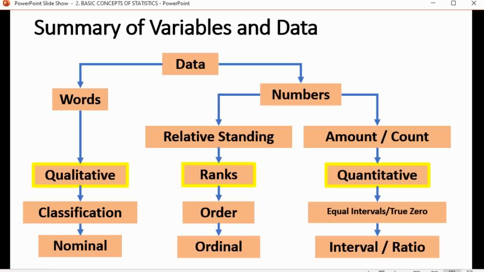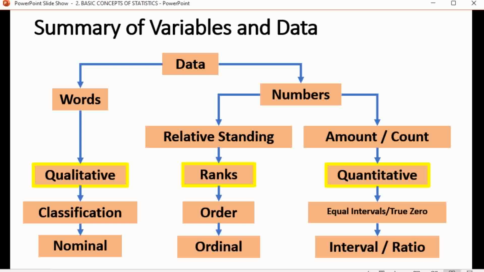So to summarize all of these, starting from the data, we start with qualitative. Qualitative is obtained through the usage of words. Our observations are often presented in this manner. So we try to classify them. So sometimes they are nominal. Not sometimes, oftentimes. For data in numbers, we can have relative standing or amount slash count. In terms of relative standing, we have ranks.